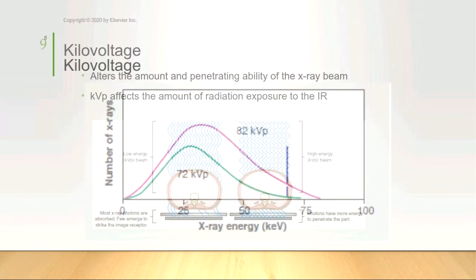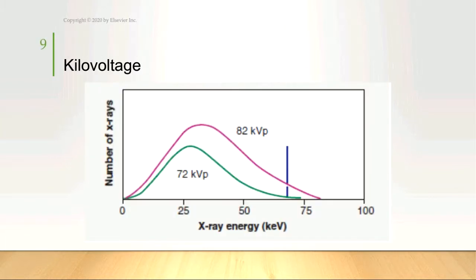When we look at kilovoltage, they show you an emission spectrum on page 134, and how when you change your KVP, like the green represents 72, the pink represents 82, notice that there's a change on the emission spectrum in quantity, because the 82 is higher at all levels on the y-axis. So it's greater quantity. And not only that, but the peak of the emission spectrum, which represents the average energy.